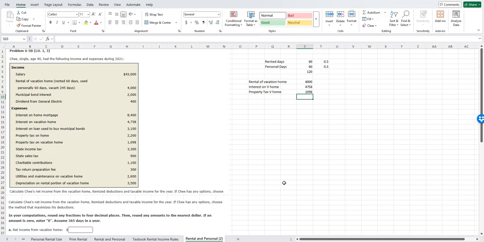Then we have utilities and maintenance on vacation home, and that is $2,600. And then we have depreciation on vacation home. So I skipped all the things that did not have to do with my vacation home.